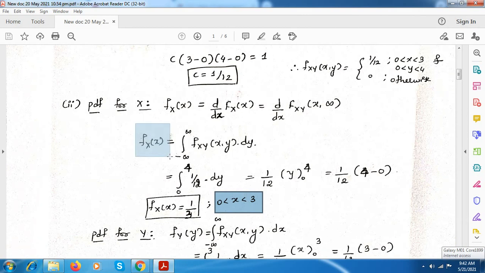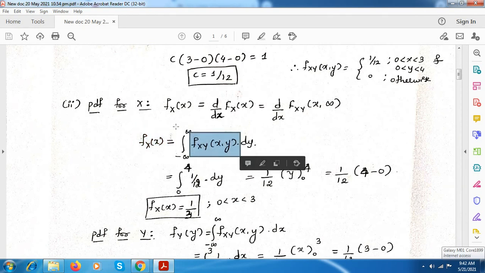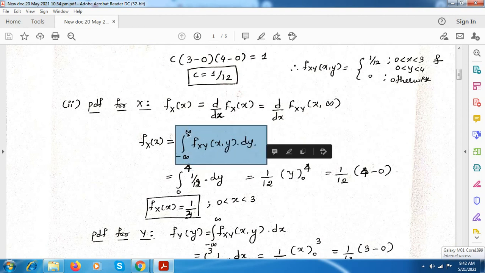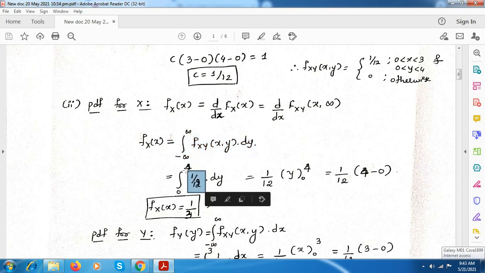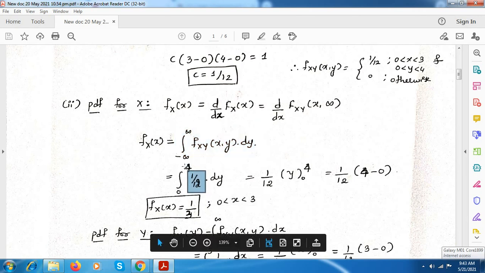For fX(x), they have given this value. So using that marginal PDF equation, that is the integration from minus infinity to plus infinity of fXY into dy, here it is with respect to dy. This fXY value is equal to c, which is nothing but 1 by 12, and the integration here is from 0 to 4.